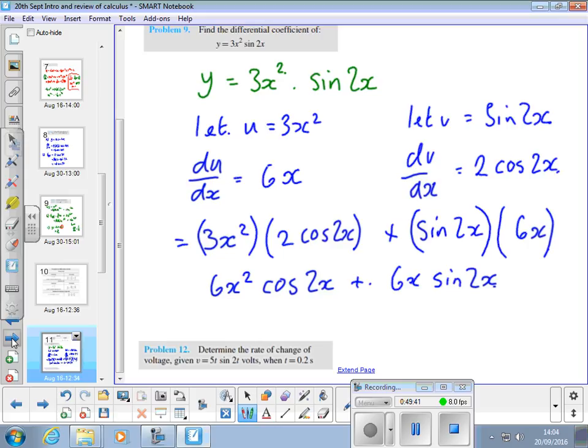And that can't be simplified any further, can it? Or can it? Yeah, you can. 6x. Tell me what to put in the bracket.